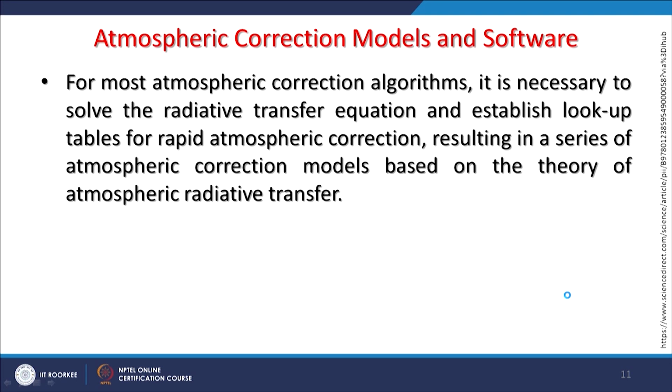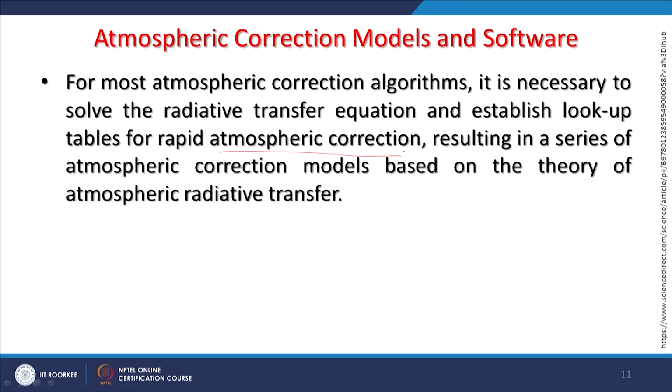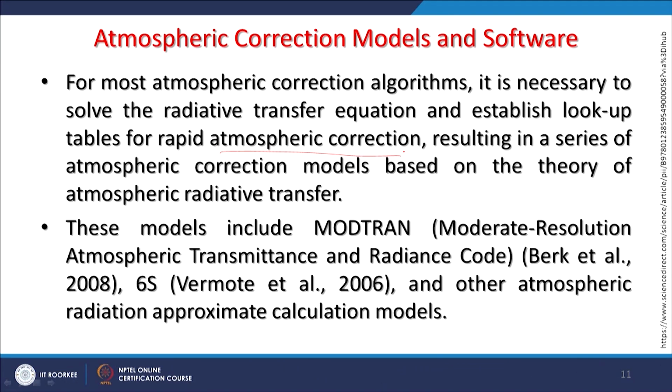For most atmospheric correction algorithms, it is necessary to solve the radiative transfer equation and establish lookup tables, as we have seen one slide back, for rapid atmospheric correction. This has resulted in a series of atmospheric correction models based on the theory of atmospheric radiative transfer, and these models include MODTRAN, the moderate resolution atmospheric transmittance and radiance code.